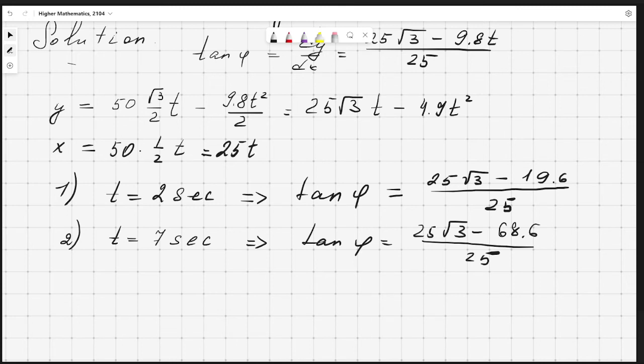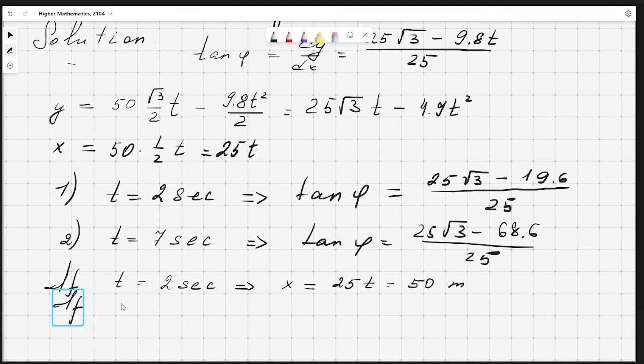A minute, please. If t is 2 seconds, then x is 25 times 2, which is 50 meters.